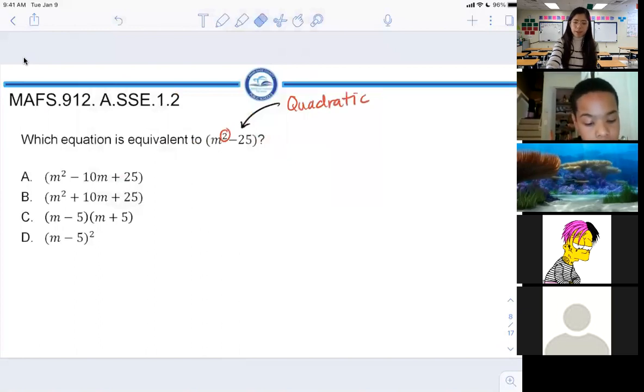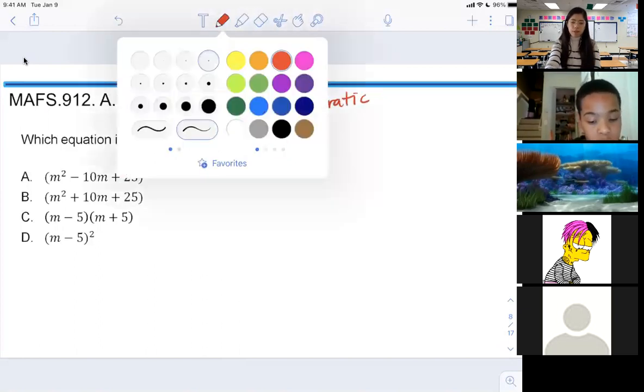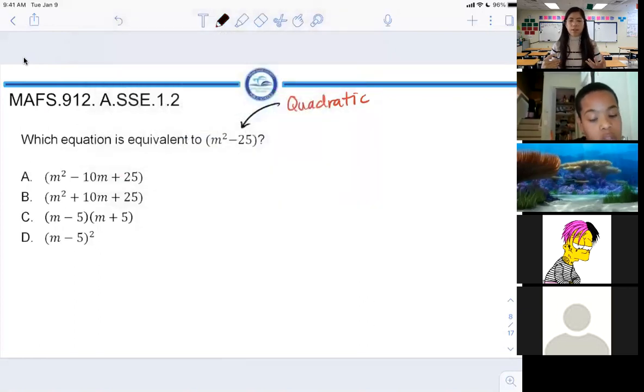Now with quadratics, lots of times there's different ways to represent quadratic functions, right? We saw yesterday vertex form, standard form, and factored form. And you can switch back and forth using a little bit of math. So in this case, let's look at our answer choices. What does it look like we might be able to do? What do you guys think?